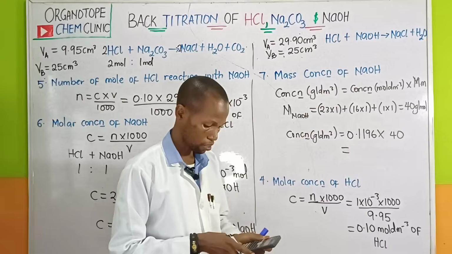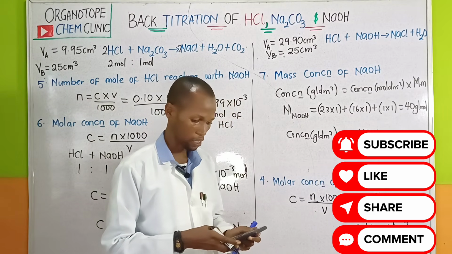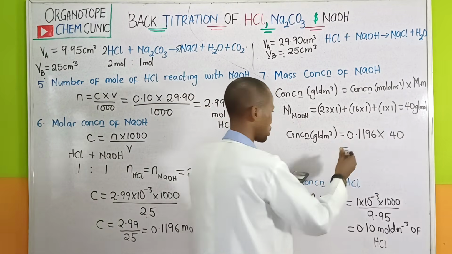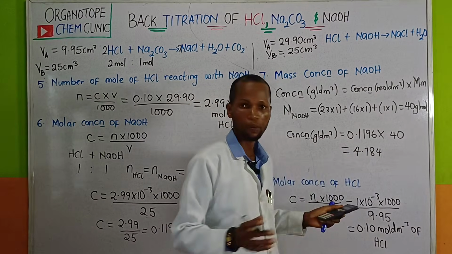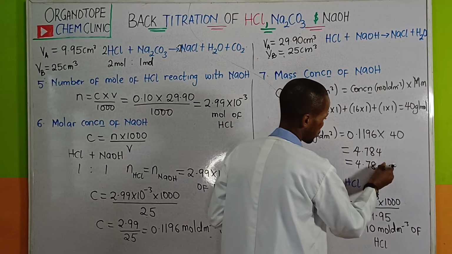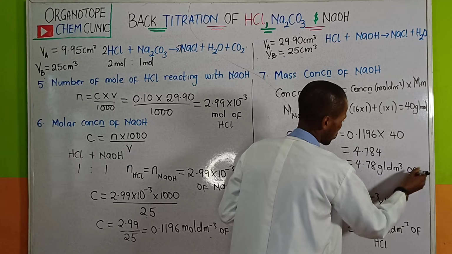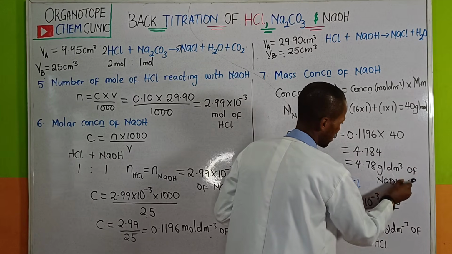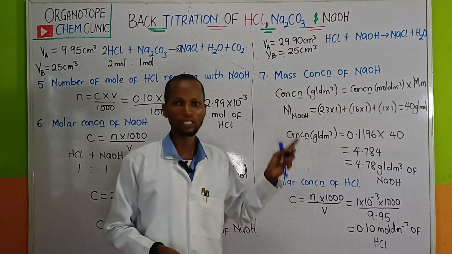So what do we have? 0.1196 times 40. So this results in 4.784. Approximately we have 4.78 gram per dm³ of what? Of sodium hydroxide. So this is the mass concentration of sodium hydroxide in this reaction.